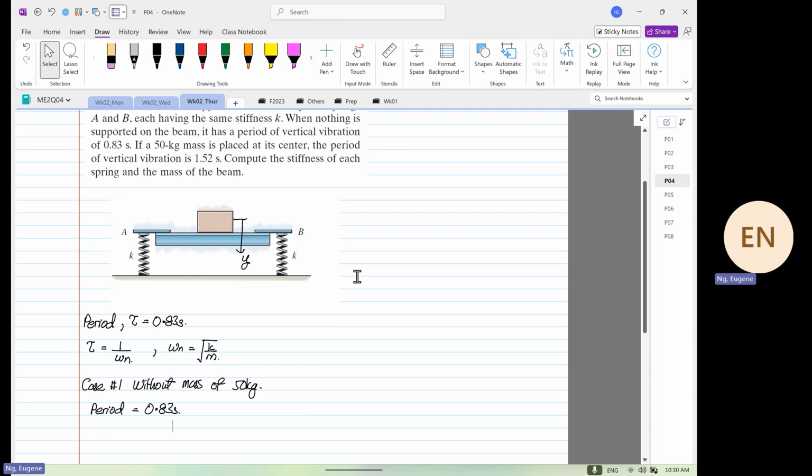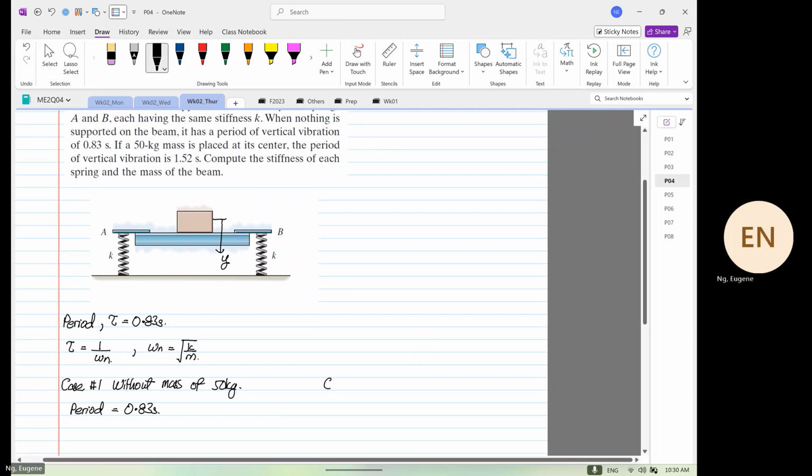And we were given case number two, with the mass, the period becomes 1.52 seconds.